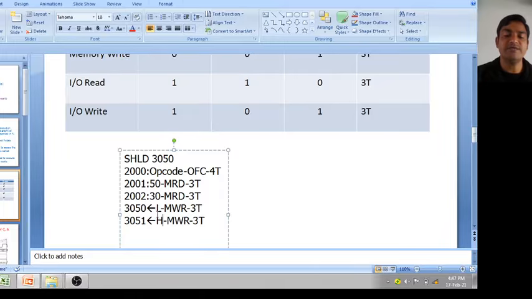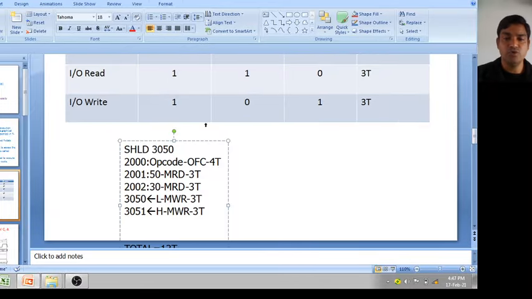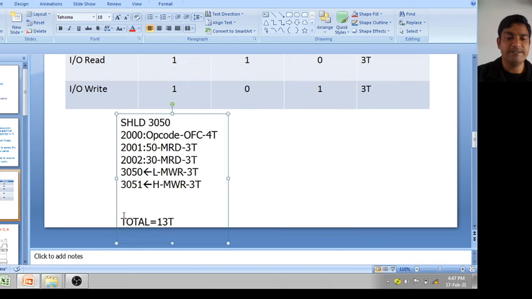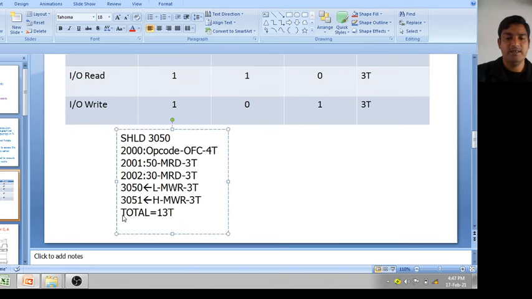Contents of the microprocessor, meaning registers, are going into memory. First the contents of L go into 3050, then the contents of H. So the total T states will be 16T.